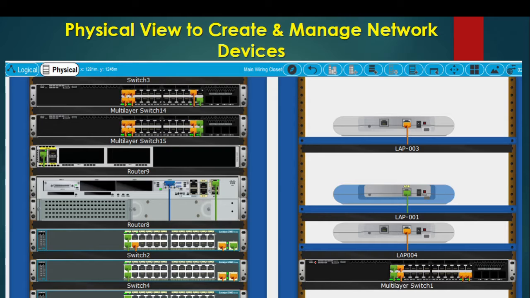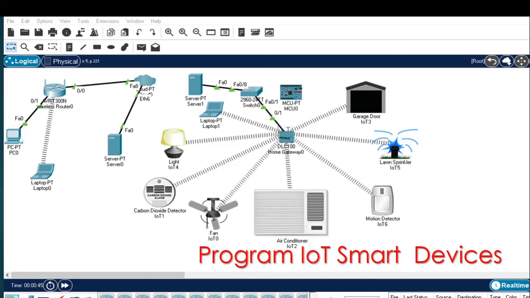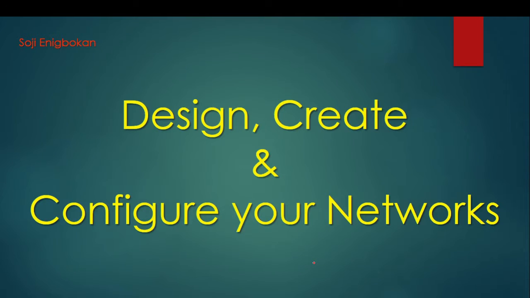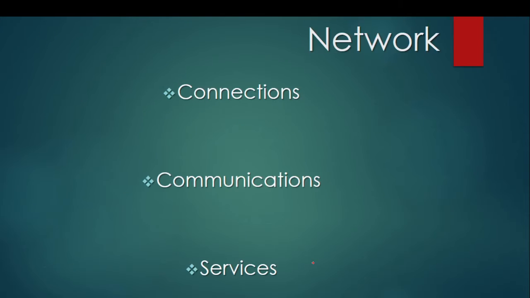All the switches, the routers, all the devices in our wiring closets, our smart devices, all of this can be connected together to form a computer network infrastructure. So we're going to design, once again, create and configure our own network using a powerful simulation tool called the Cisco Packet Tracer.